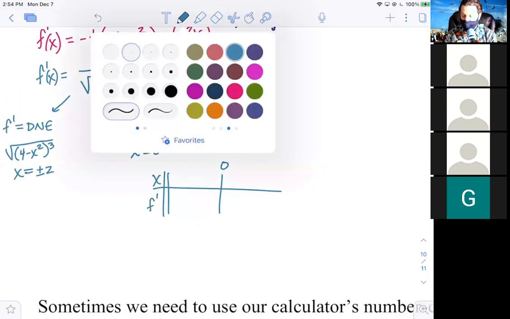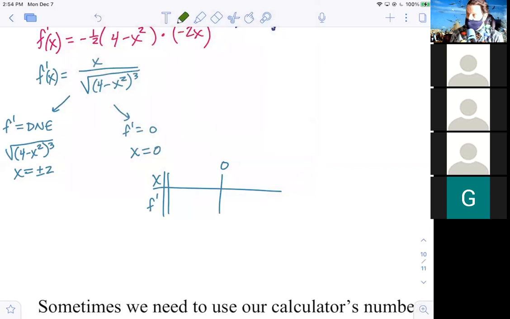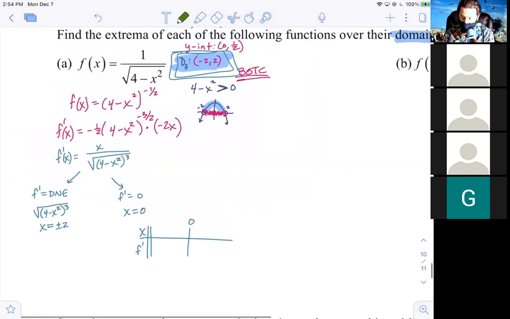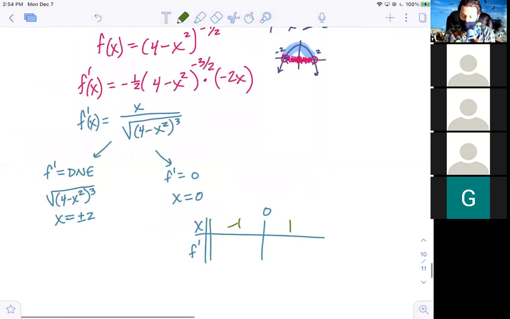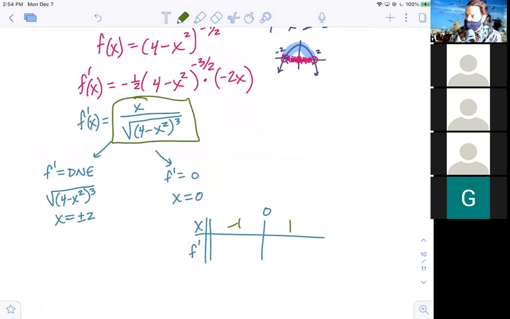Now, we do have to be careful. My domain is -2 to 2. So when I pick a number to the left of 0, I can't go all crazy like -5, right? It has to be something between 0 and -2. How about -1? And then to the right of 0, how about 1? Now again, we plug those into the full-fledged factored version of f prime and look for the sign.